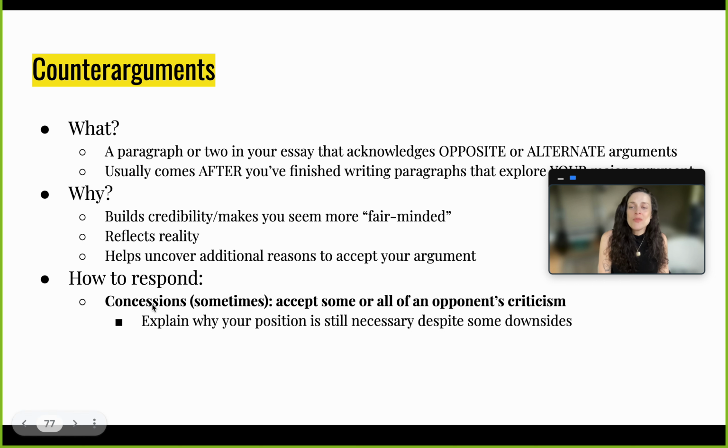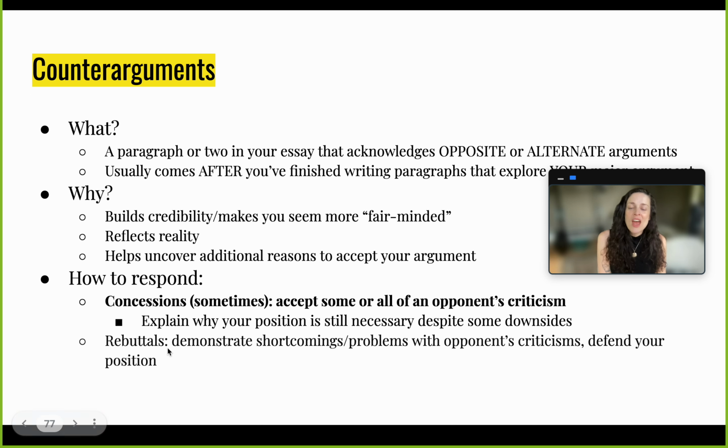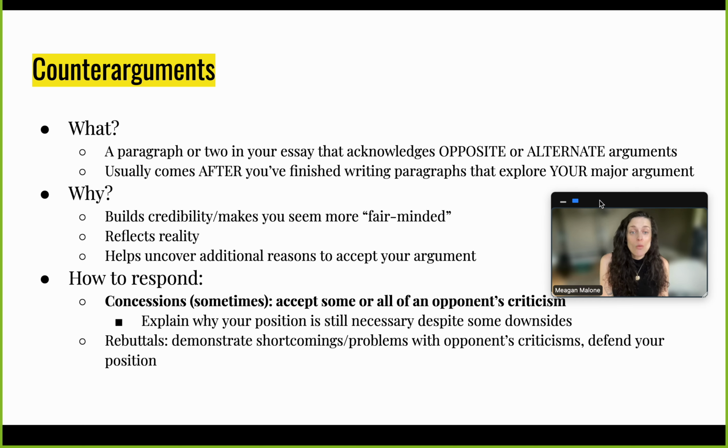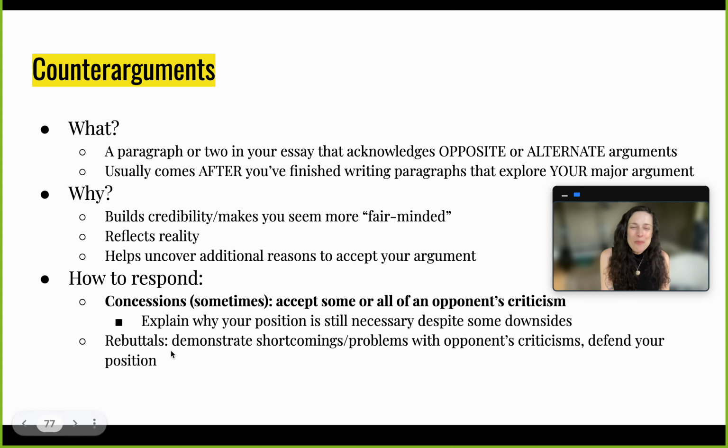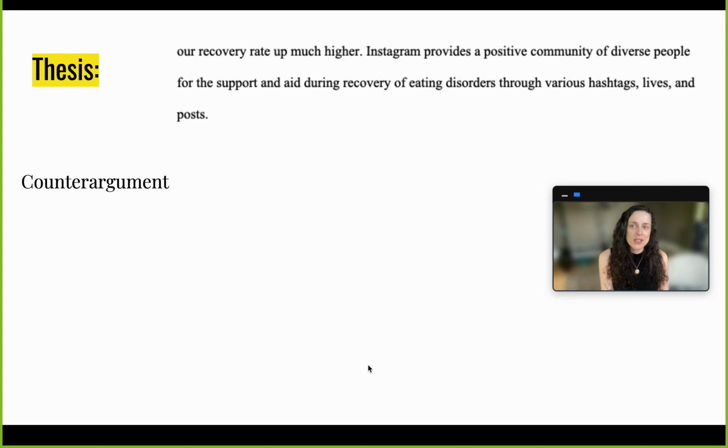So the concession is just explaining why your argument still needs to be accepted, even though there are going to be some downsides. You might say, "I can see that there are going to be some problems, but my position is still good." And a rebuttal is where you say, "Well, you know what? My opponent has this counterargument, but it's actually not a very good argument against my thoughts." So you defend your own position.